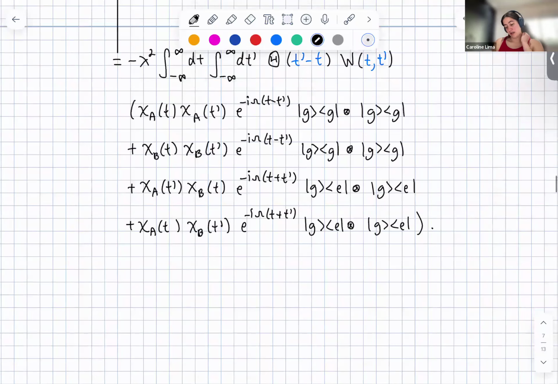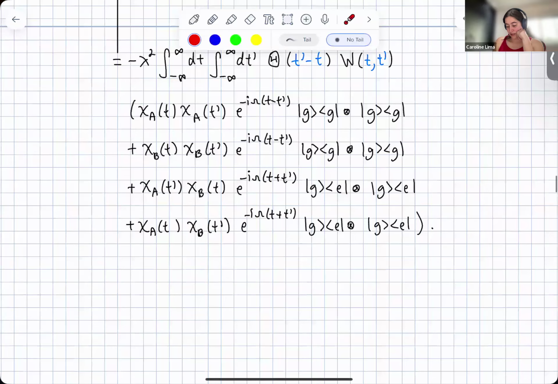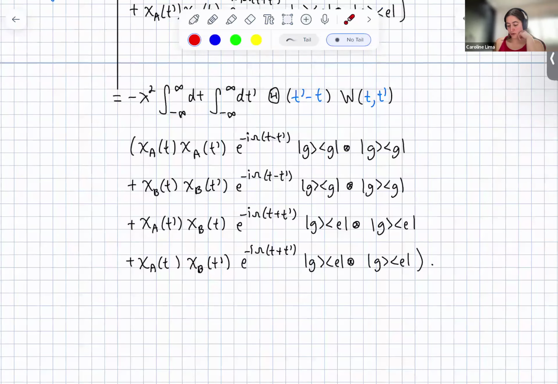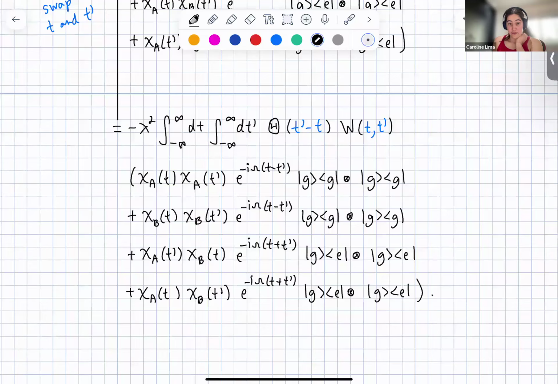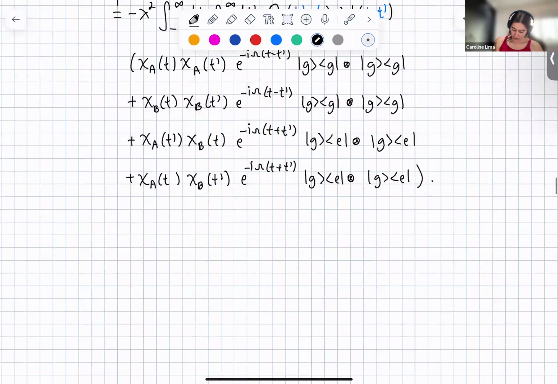I'll leave this as an exercise for you guys, but you just have to focus on what are all the terms that depend on GG, and then you sum all of them, and manipulate, using some of the properties of the Heaviside of X plus Heaviside of minus X being 1 in some situations.